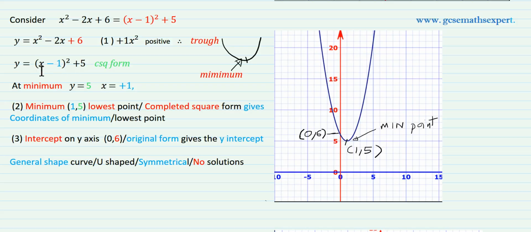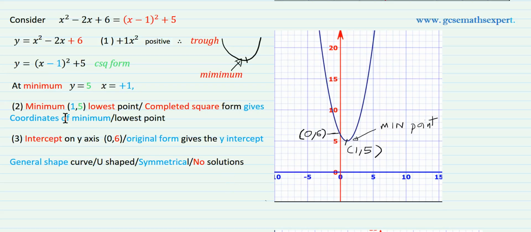That happens when this x is equal to plus 1. Plus 1 minus 1 is nothing, so we'll be just left with plus 5. So the minimum point we could find from looking at this is x is 1, y is 5.